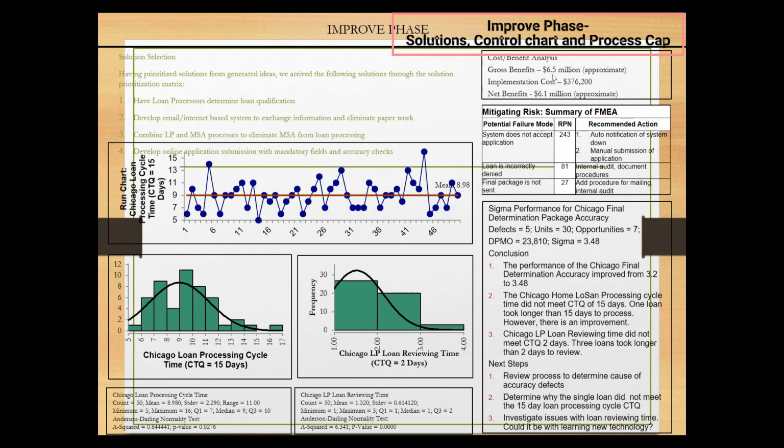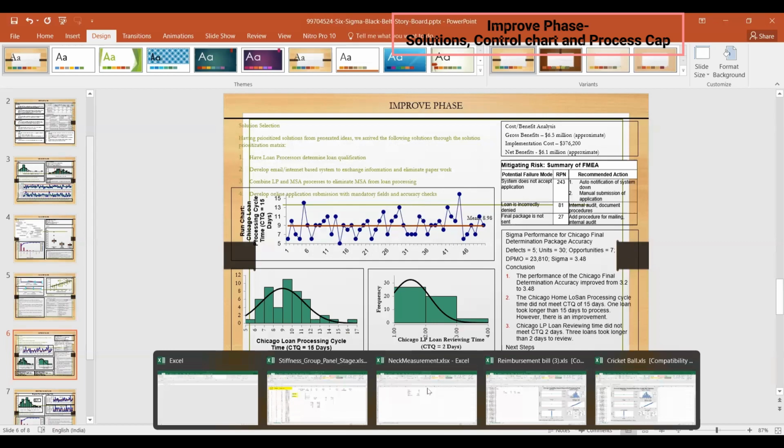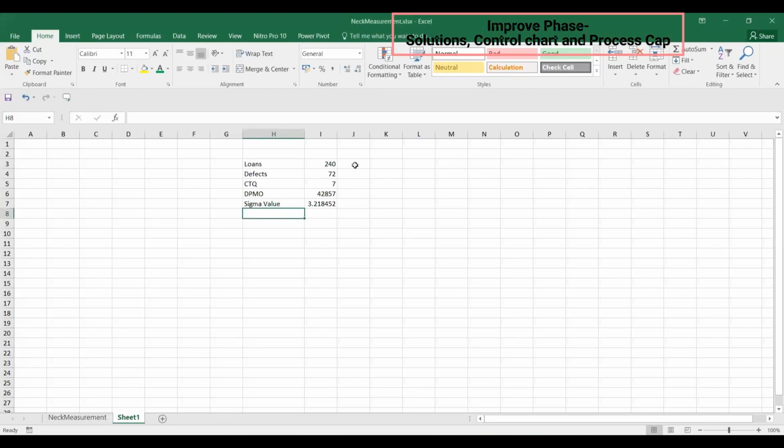You can see here that we also crossed the benefit we got. Now if you look at 30 loans, only five defects were found, and seven are the CTQs, right?